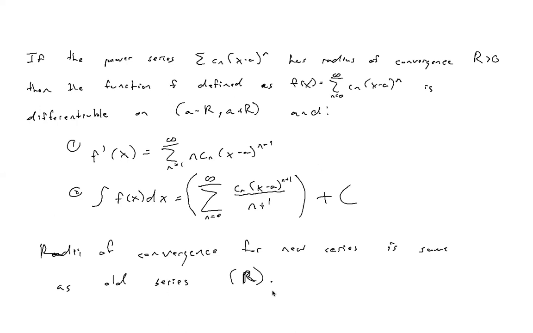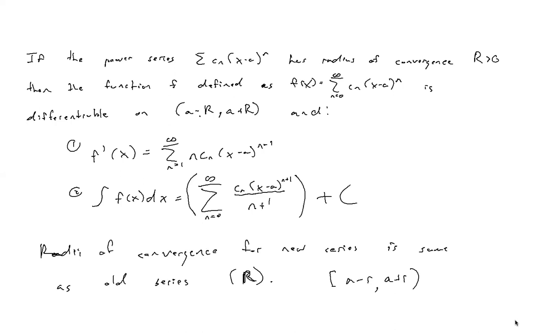At the very least, my new series is going to be convergent on this interval as well, and maybe it's actually going to be convergent on a minus r to a plus r with some different end caps. These end caps could be different than the end caps for my original. So I need to check my endpoints for my new series to find my new interval of convergence. But the radius of convergence will be the same for my new series and my old series.